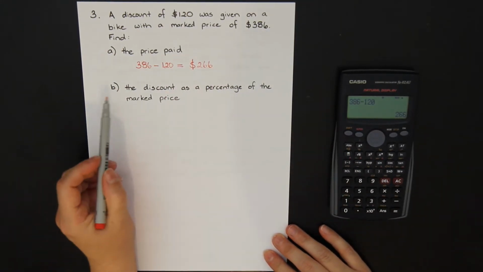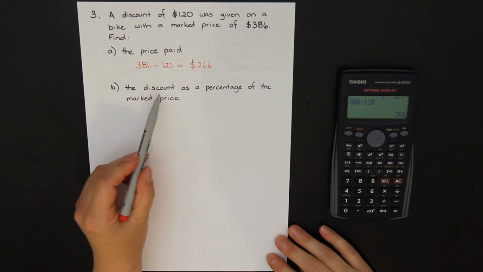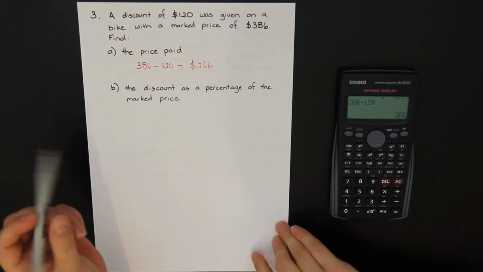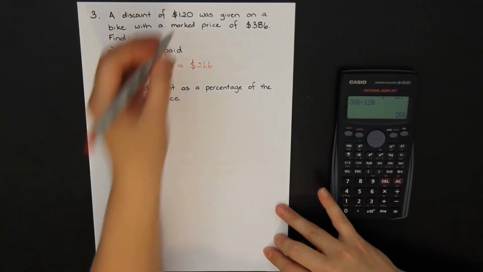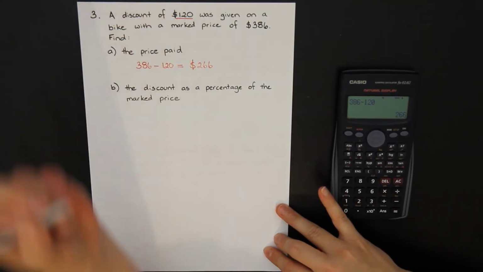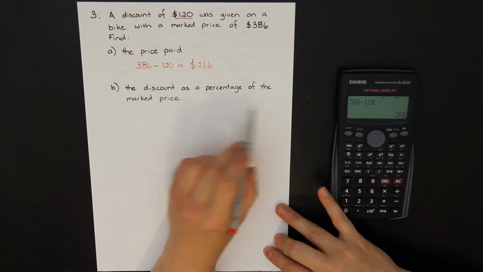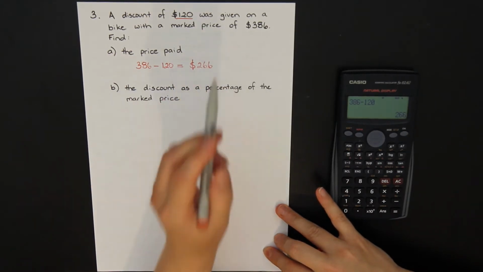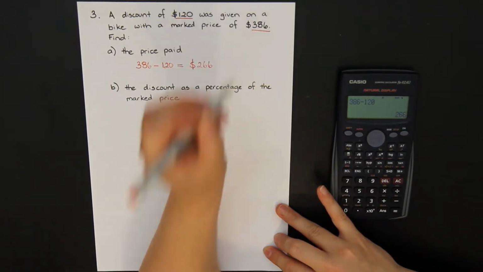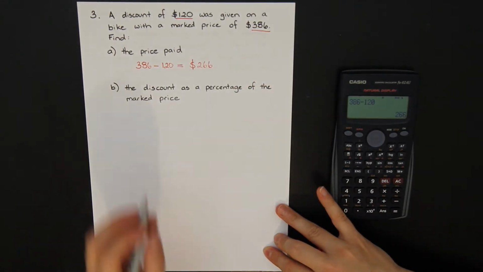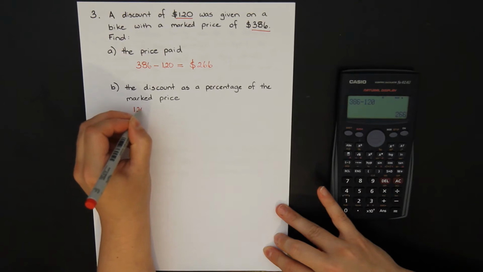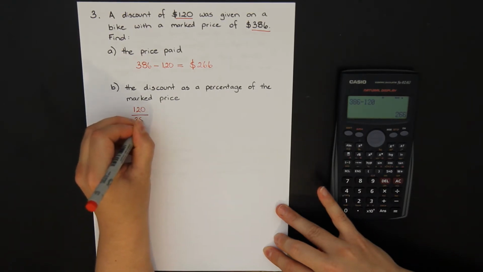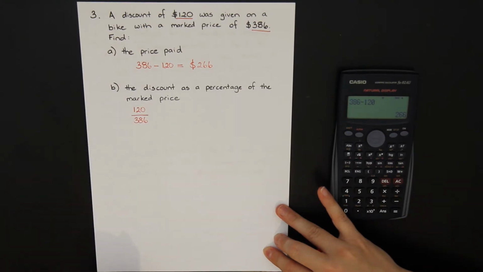Okay, part B, we want to find the discount as a percentage of the marked price. The discount was $120 as a percentage of the marked price. It says here the marked price was $386. So we want to find 120 as a percentage of $386.